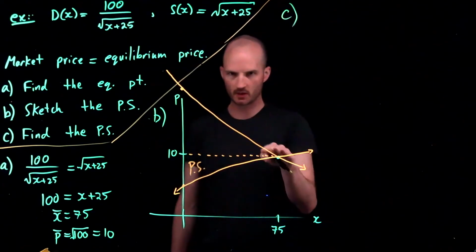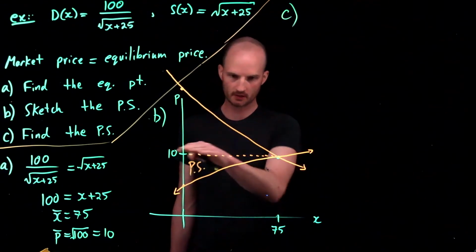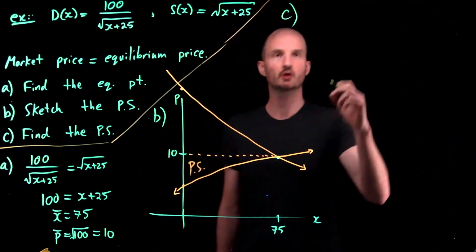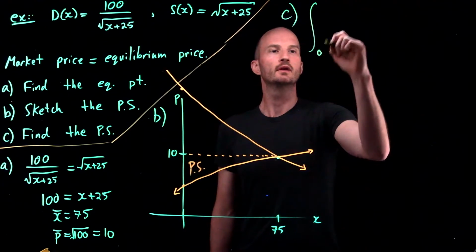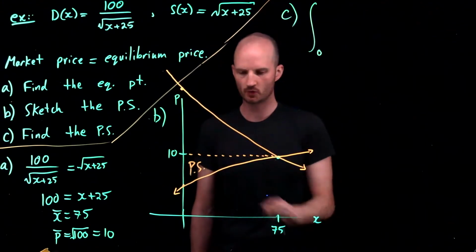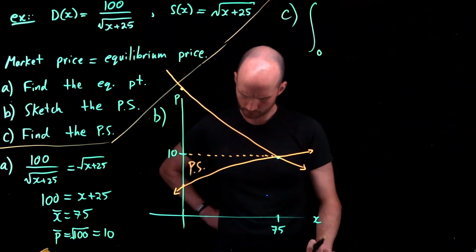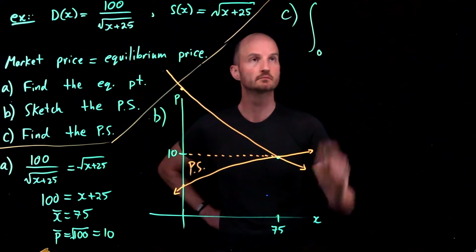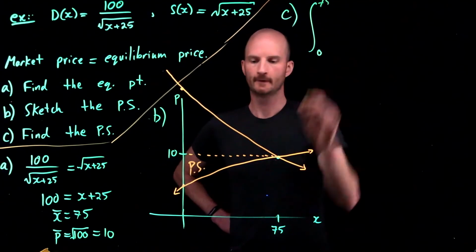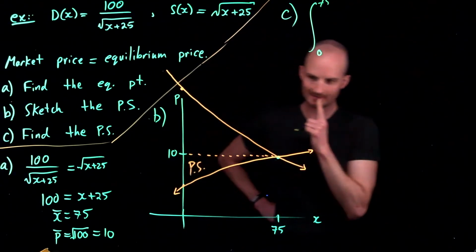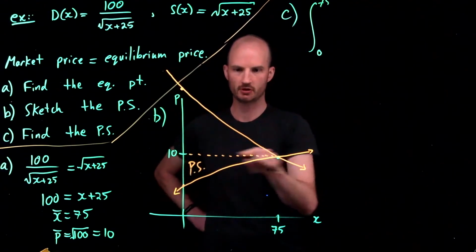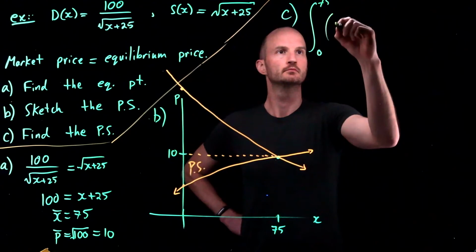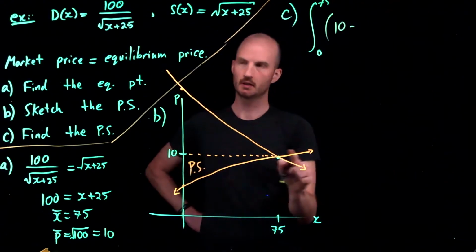Okay, find the producer surplus. Now that's the area between curves. You can memorize a formula, but I prefer to think of it as the area between curves. Saves having to memorize anything. So I'm going from 0 to 75 of upper function minus lower function.